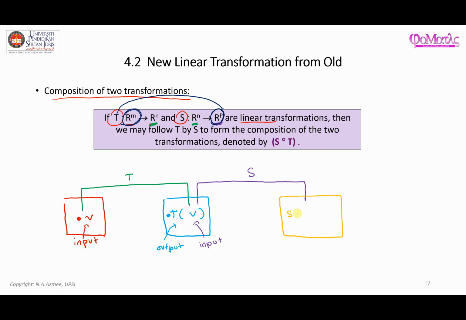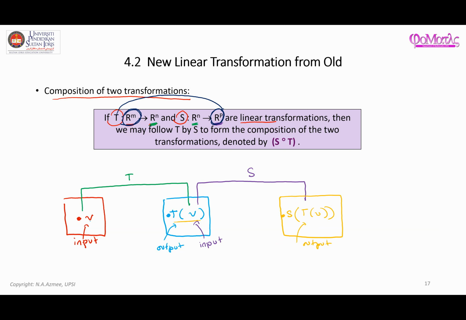We have function S, and the input that is given to this function S is this thing. So we're just going to write down the whole thing here. This is the input for function S, and therefore this is the result of it. So this is the output.